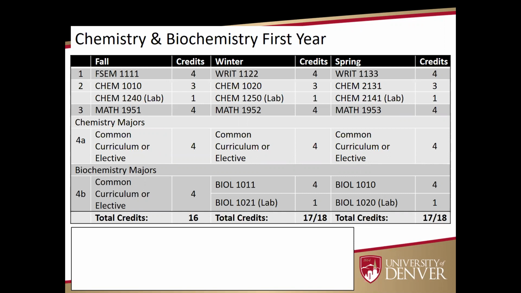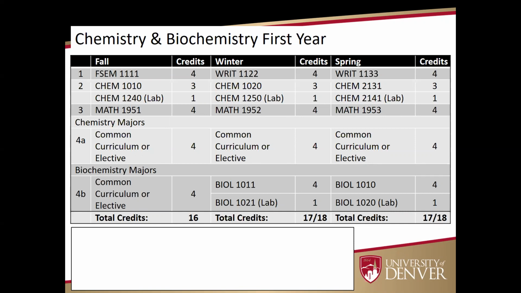And now everyone in chemistry, whether it's chemistry or biochemistry, will start off with general chemistry. Chemistry 1010 is our general chemistry, and you will be required to sign up for a lab along with the lecture course. If you are a chemistry major, then you will also pick up a common curriculum or elective in your fall quarter.